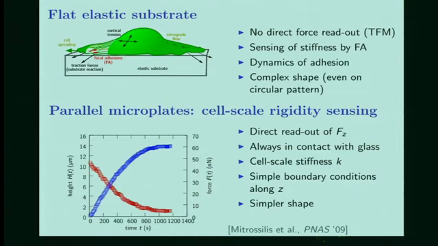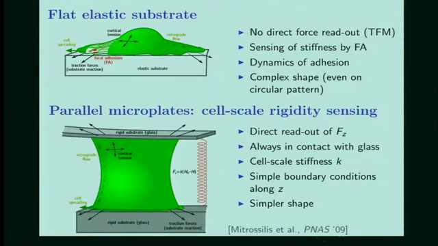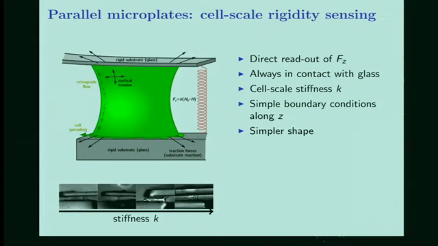Here the cell is really sensing the stiffness at the cell scale. There is no interference in the focal adhesions because the material is always glass. And also we have simple boundary conditions around that, and the shape is much simpler because you have simply one curvature, and you can actually model the shape of the cells in these microplate experiments much more easily than in these plated cells experiments.